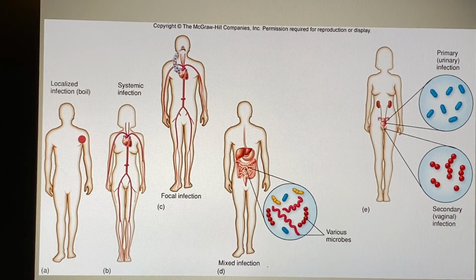So they might have multiple infections caused by a gram-positive and a gram-negative bacteria, or perhaps they started out with a virus and now they have a secondary infection caused by a bacteria. You can have bacteria and fungi, pretty much any combination.